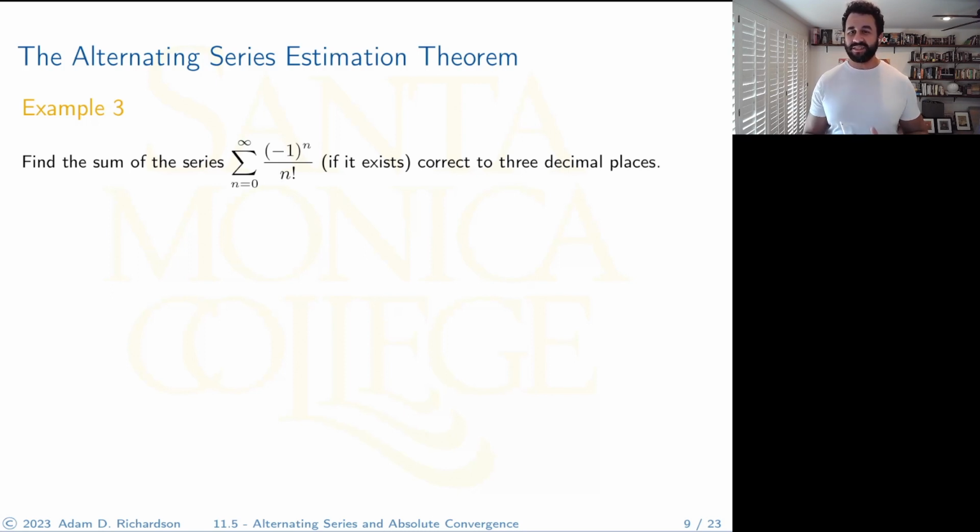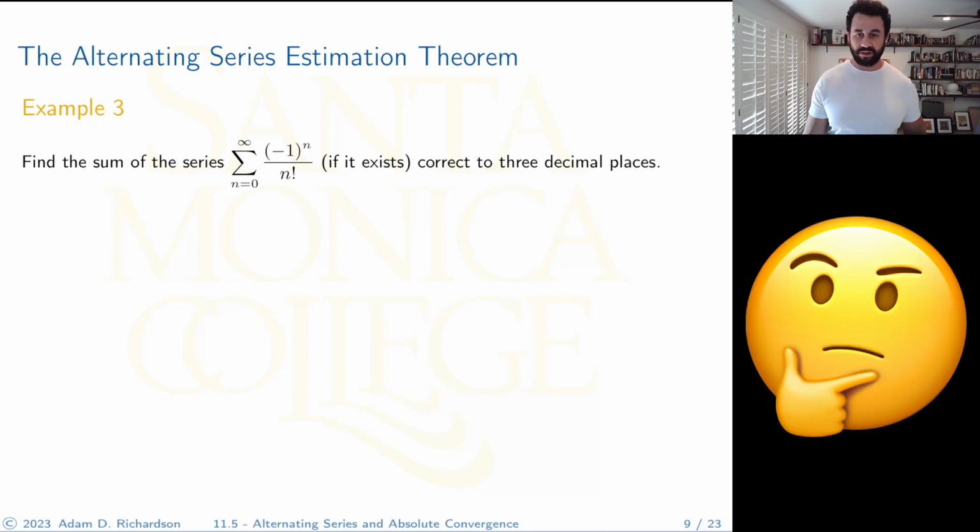So when you're working with these types of series and a lot of the questions in this chapter, you've got to be careful with what you just assume to be true. We don't even know if it's actually convergent. So what we're saying is if it is convergent, then approximate that result to 3 decimal places. All right, so I want you to think about this one for a minute on your own. I'll throw up the thinker there.